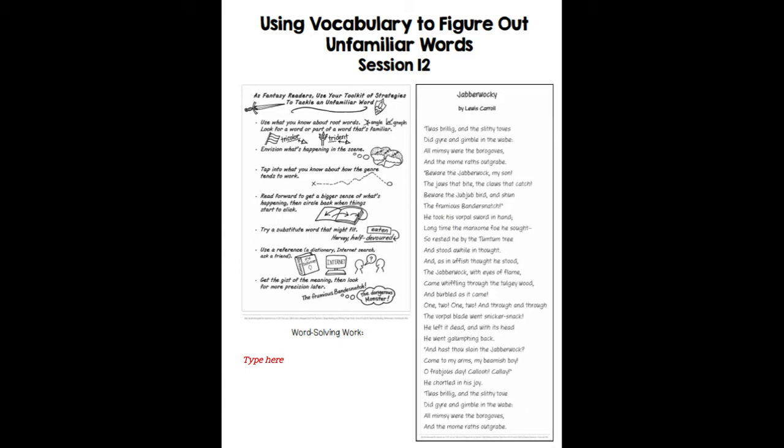And hast thou slain the Jabberwock? Come to my arms, my beamish boy. O frabjous day, callooh, callay! He chortled in his joy. 'Twas brillig and the slithy toves did gyre and gimble in the wabe. All mimsy were the borogoves, and the mome raths outgrabe.